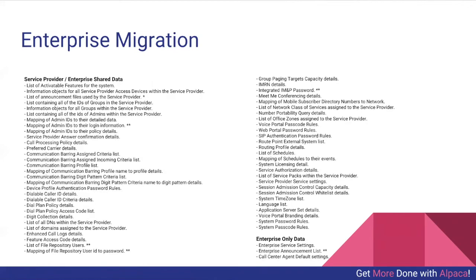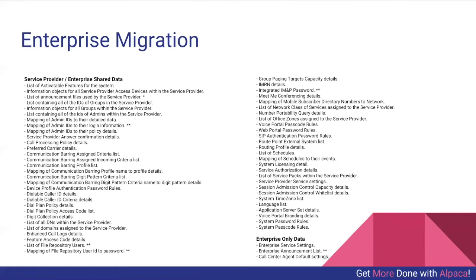I am not going to read all the words on these slides, but I do have a list of the items that we migrate. And the point here is to basically be able to say, with very few exceptions, when we do an enterprise migration, we migrate everything about that enterprise from the source to the destination.